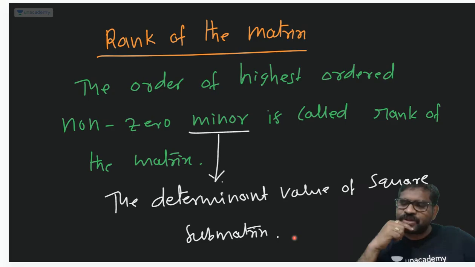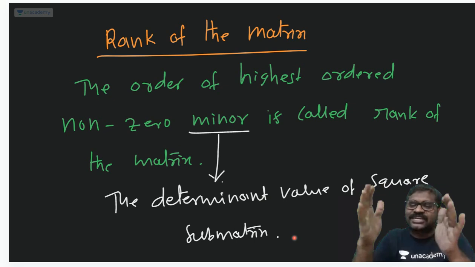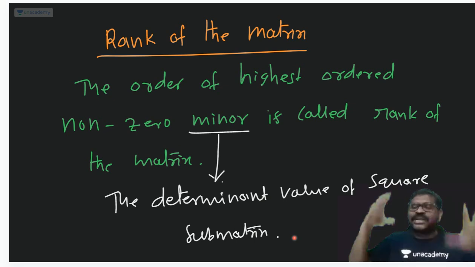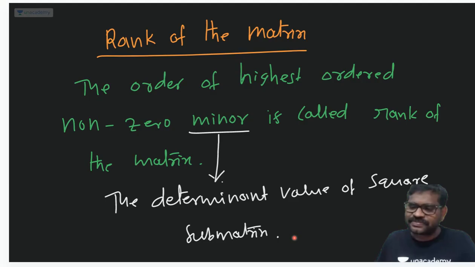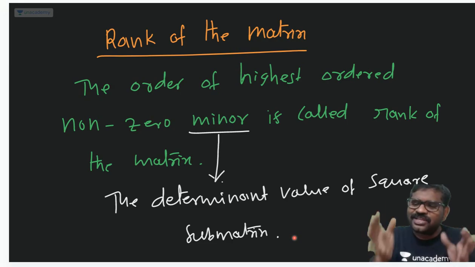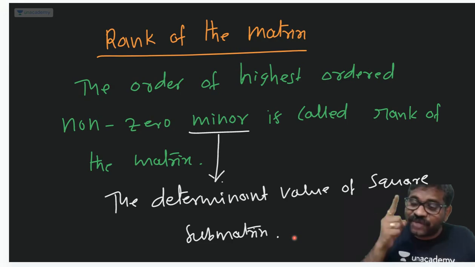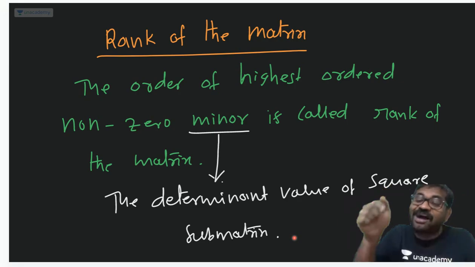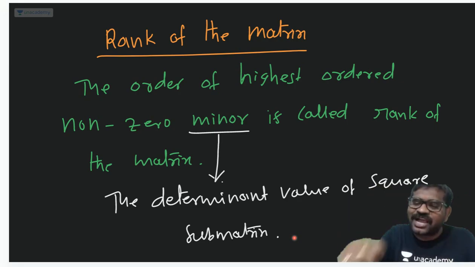You have to select. If you would like to find the rank of any matrix, first you have to select one highest possible minor from the matrix. Expand. After expansion only, you will get the value. Whether the value is 0 or non-zero, you verify.